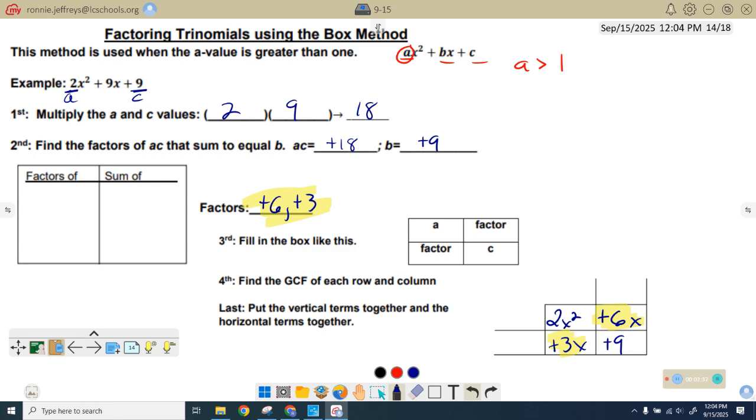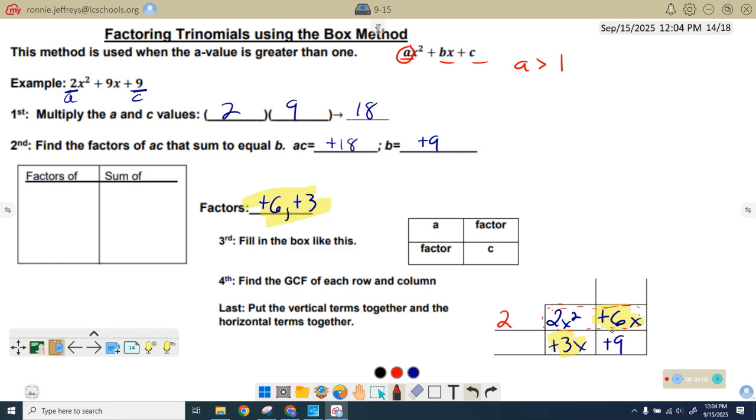Now, to actually do this, we try to find the GCF, the greatest common factor of each row and column. So if we're starting right here, what is the biggest number that will divide both 2 and 6? 2.